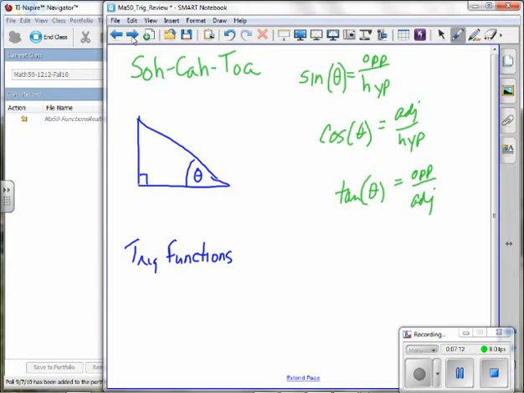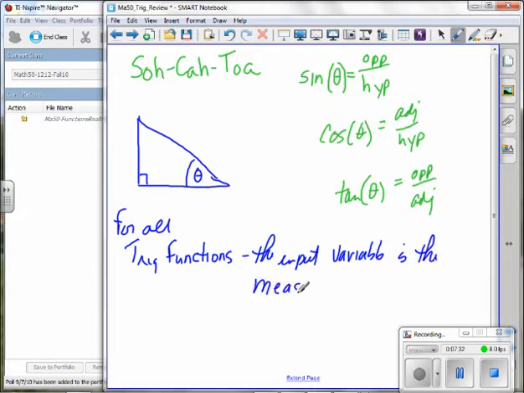So let's make this our statement here. For all trig functions, the input variable is the measure of what?